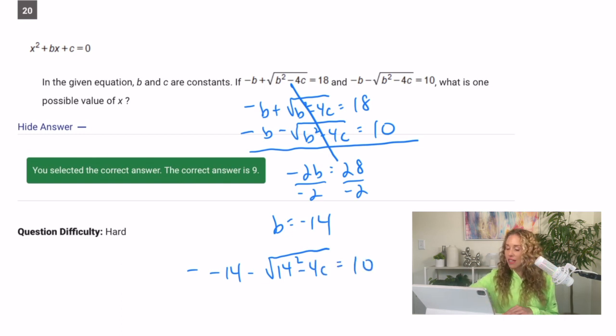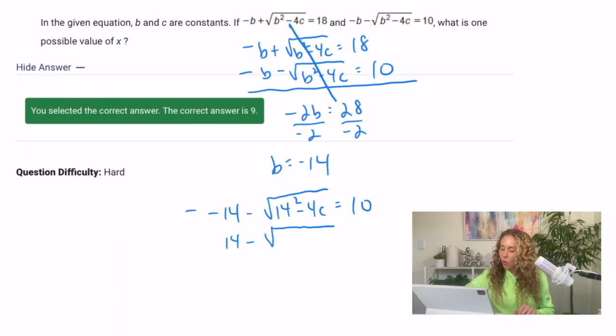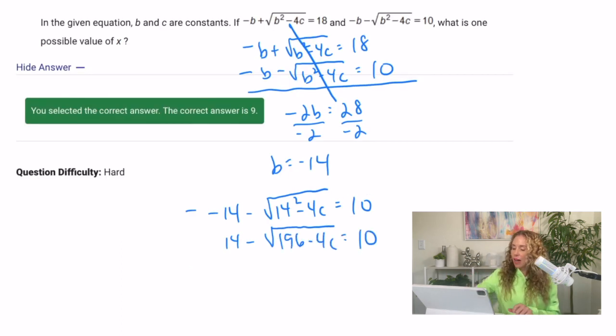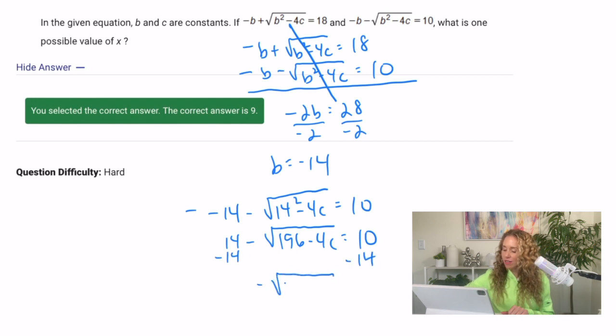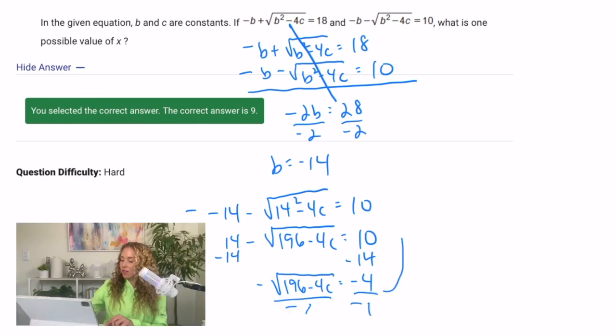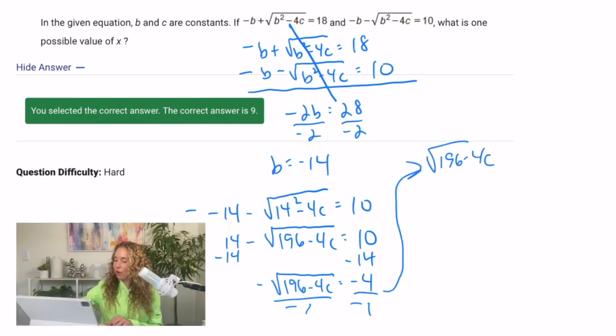So I get 14 minus the square root of 196 minus 4c equals 10. I'm going to take away the 14 from both sides. So now I have negative the square root of 196 minus 4c equals negative 4. We can divide both sides by negative 1. So now I have the square root of 196 minus 4c equals 4.